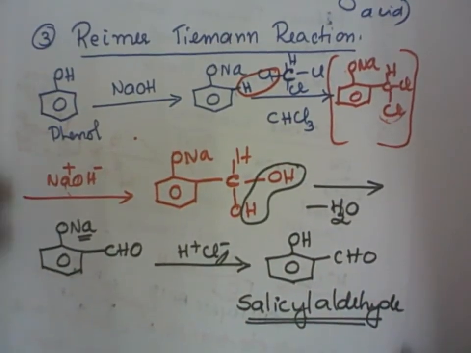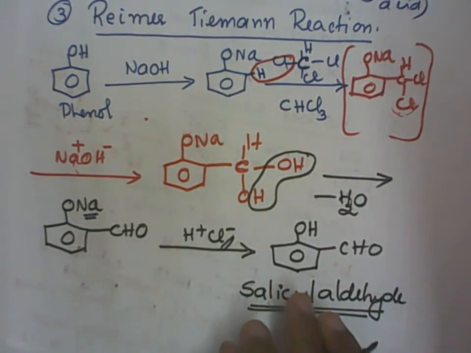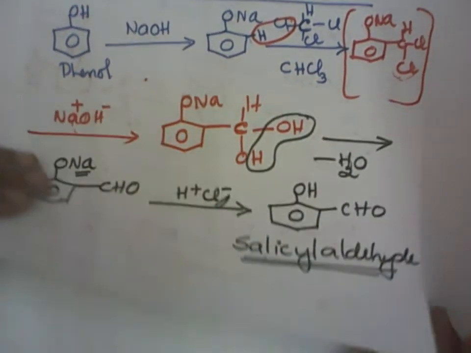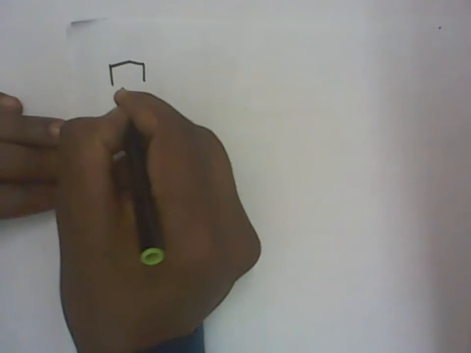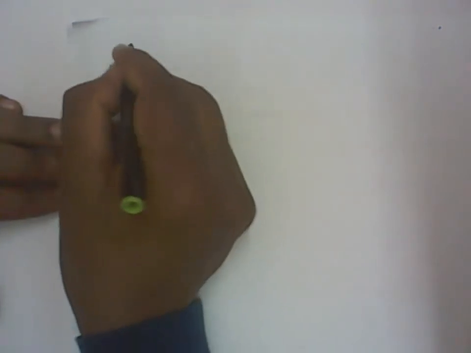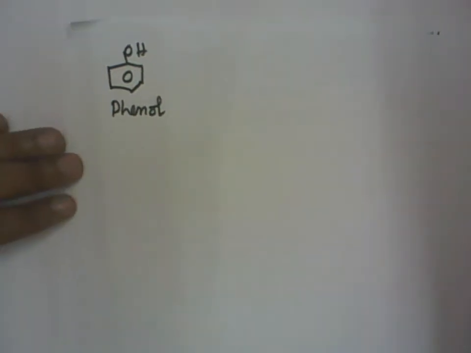I have written the detailed reaction here. Again, I will condense it for the sake of the examination and for the textbook pattern. I'm going to write a similar reaction, but condensed. Start with phenol.